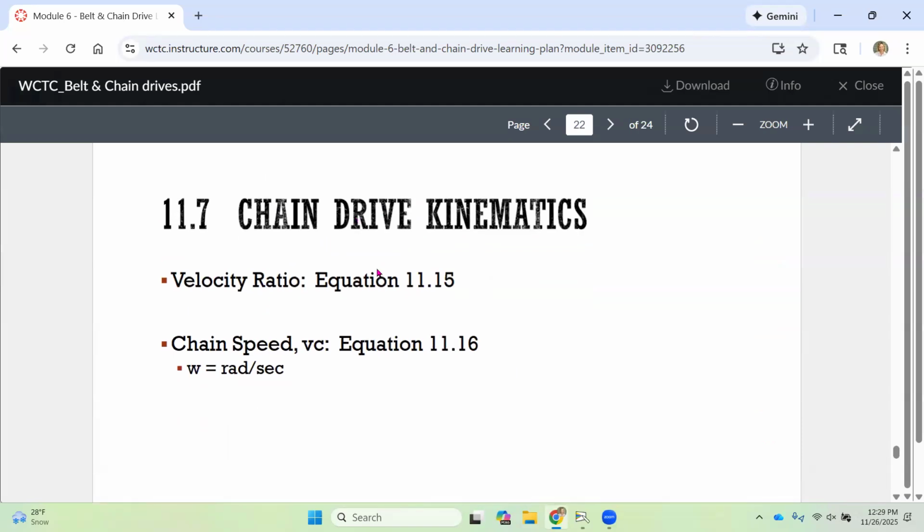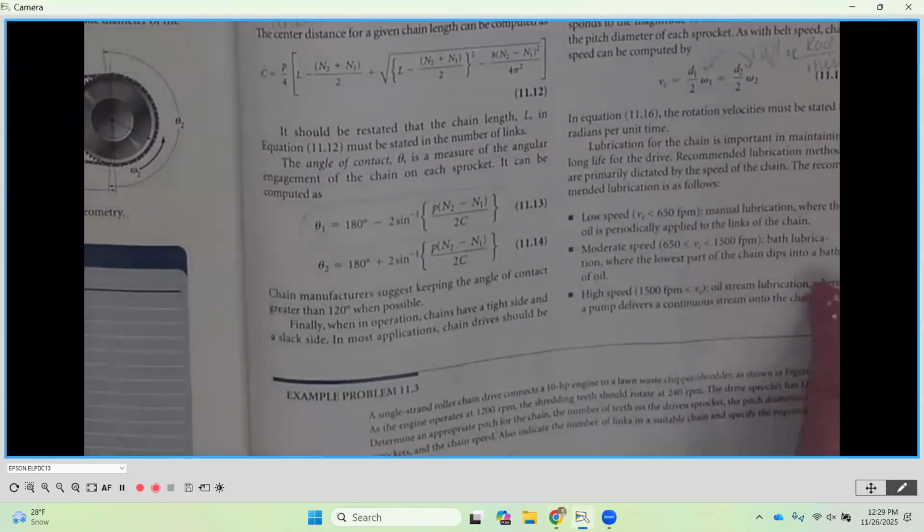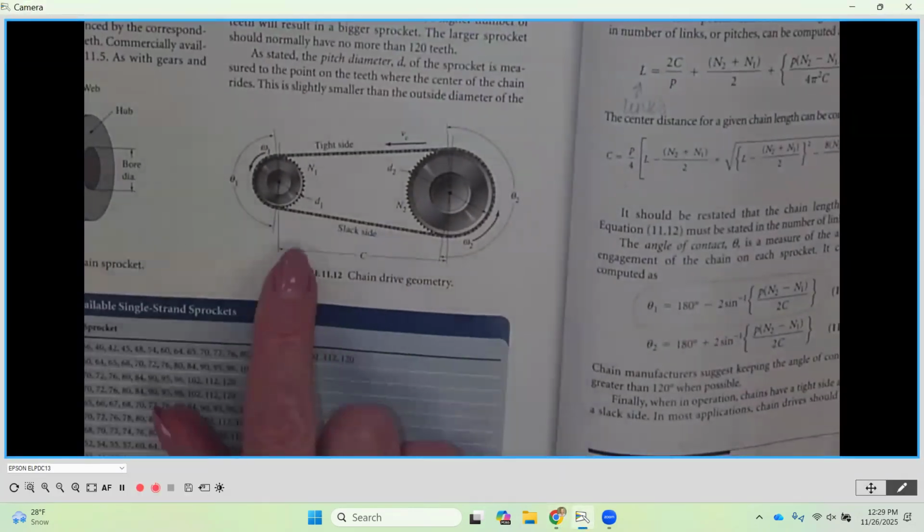So chain drive kinematics. So velocity ratio and chain speed. These two sound very familiar based on our gear experience and our belt experience. So velocity ratio, and this is really looking at, I'm going to go back to our drive illustration.